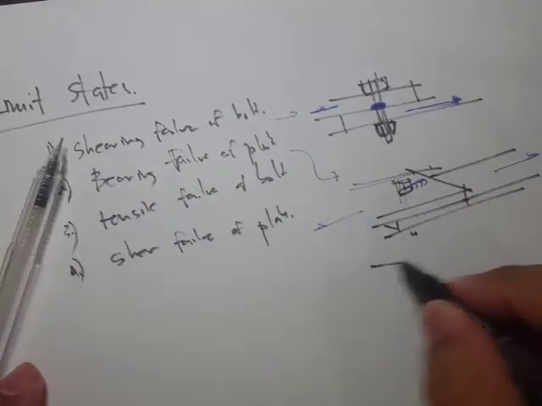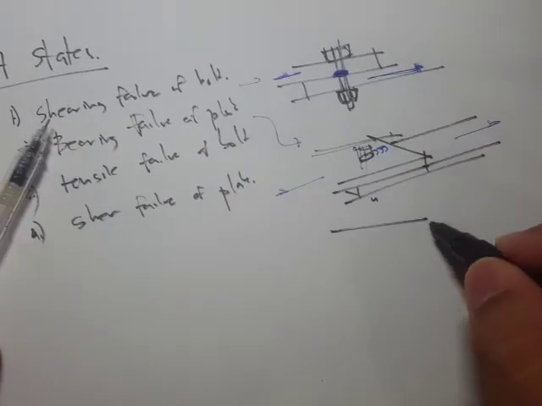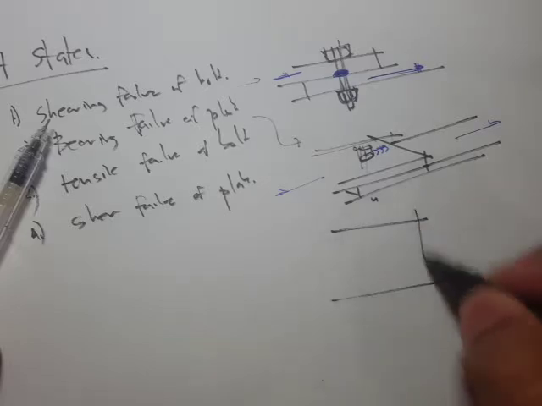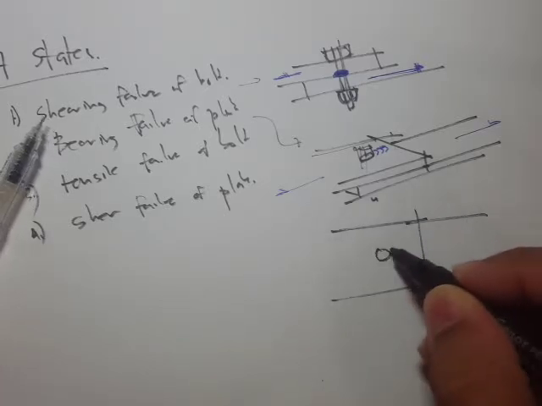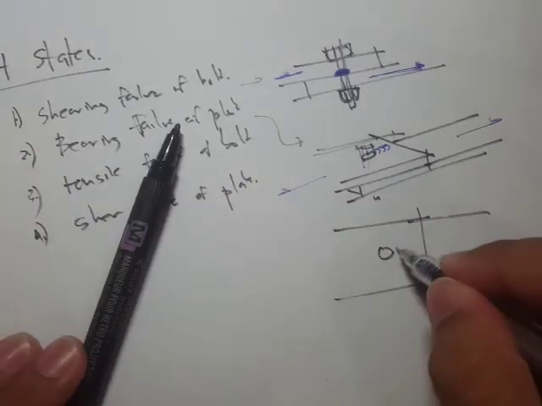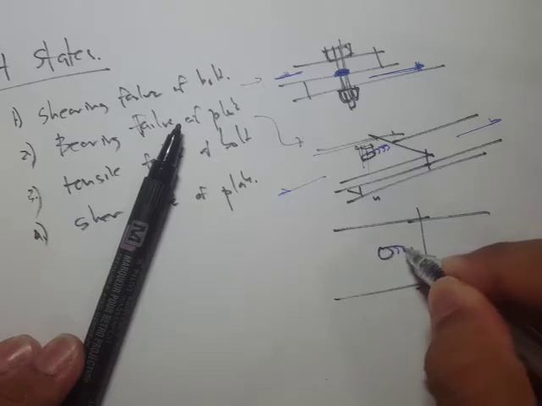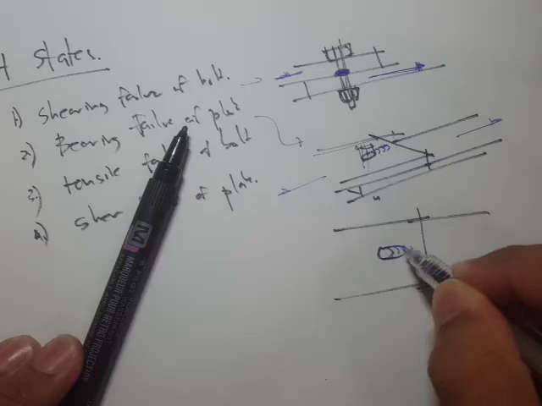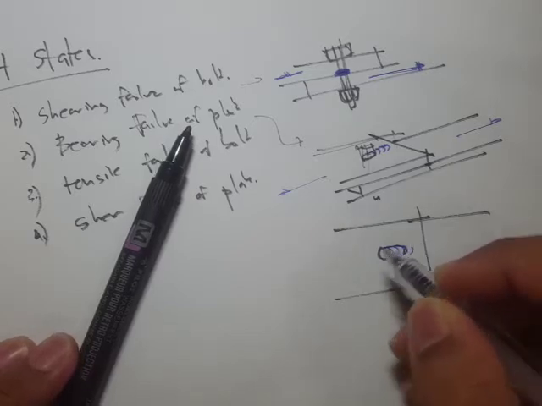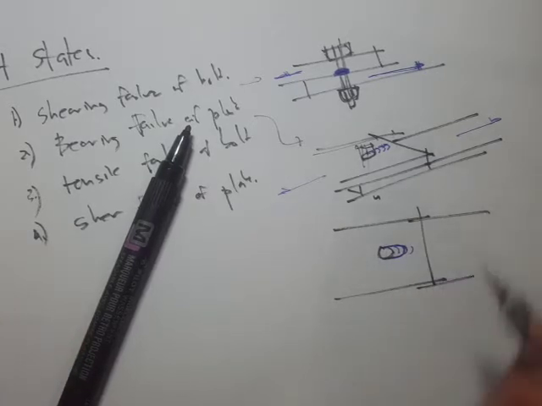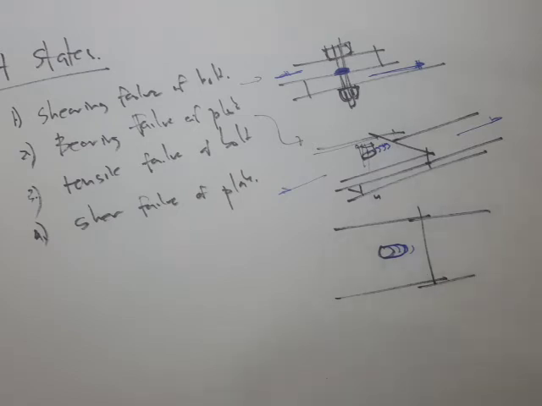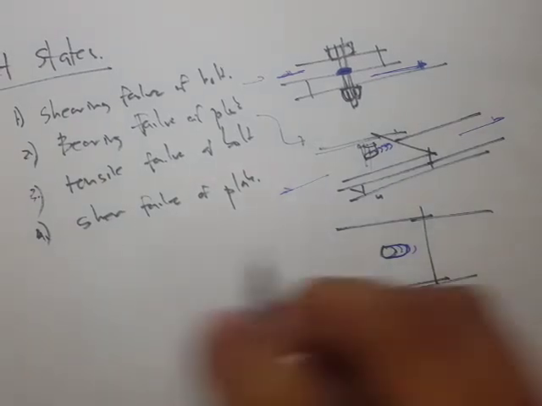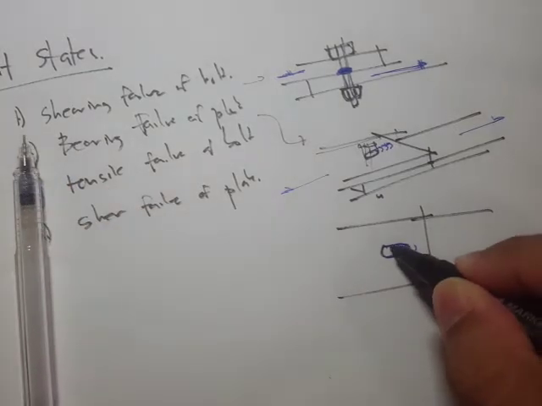If you draw it in plan view, instead of having a perfect circular hole, it will start to elongate.